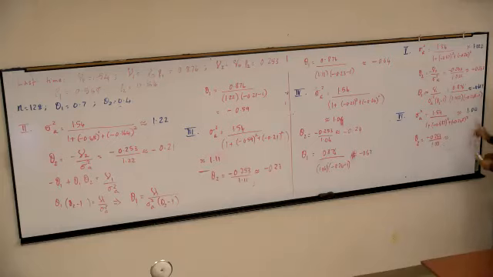Well, I take that back, 1.004, because I want you to see something. What do we get? Negative 0.252. Was that negative 0.248?